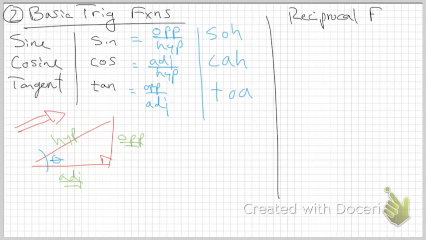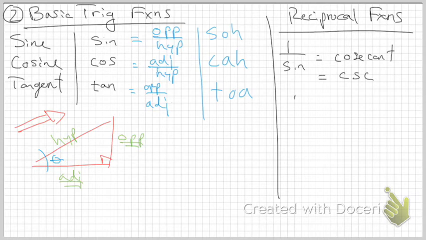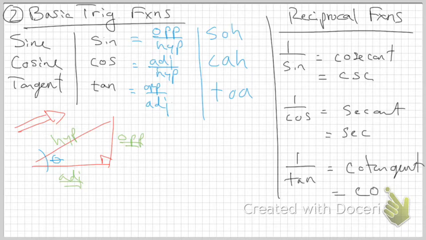Other than our basic trig functions, we also have the reciprocal functions. Reciprocal functions are different from inverse functions when it comes to our trig functions. Reciprocal functions are these, and we won't really need to use them unless we're solving a problem and it becomes easier or more elegant to simplify a few different trig functions into some reciprocals.